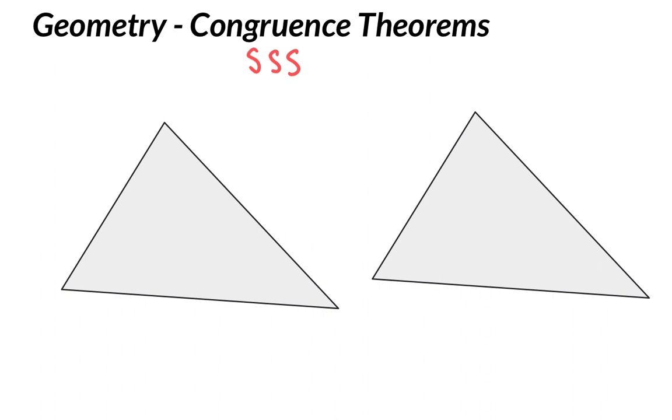Our next congruence theorem is side, angle, side. So this means that we have two pairs of congruent sides and the angles that are between them. Notice how the order is important. We've got two sides and the angle that is inside those two sides. Really, those two sides make up that included angle.